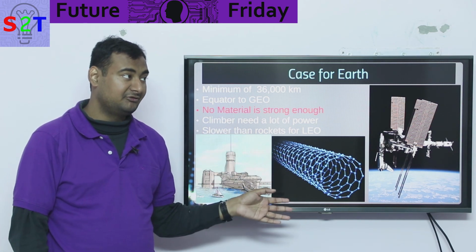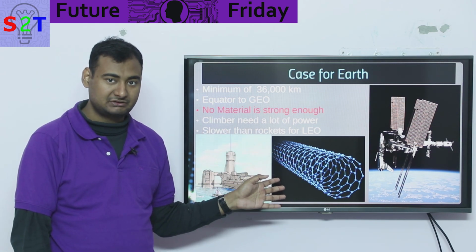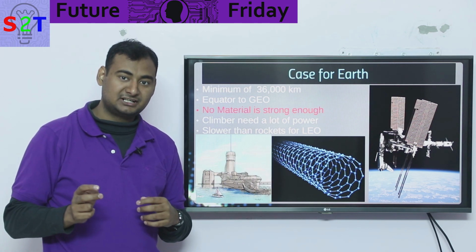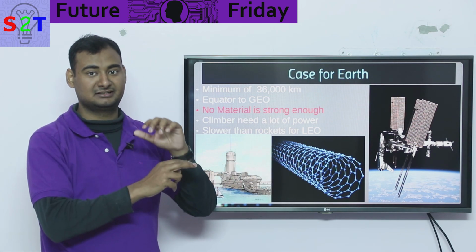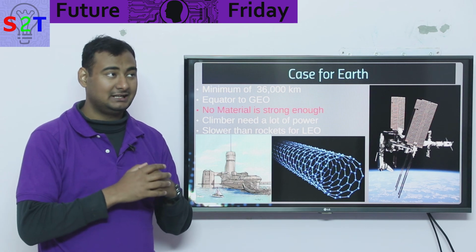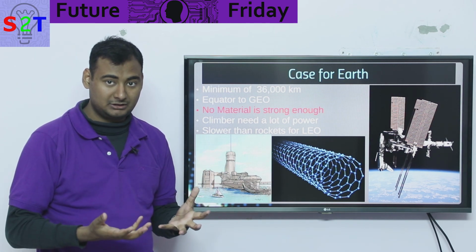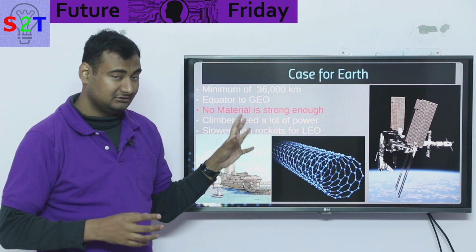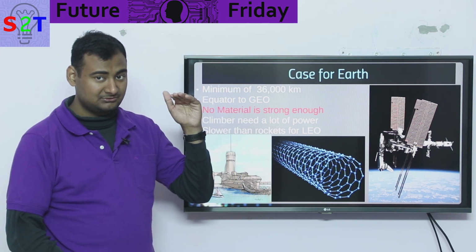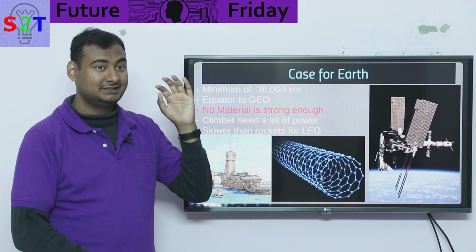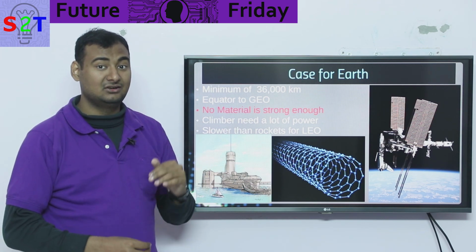Now let's say we figured out something to enhance its strength, or like a tri-carbon nanotube, where you will see one nanotube inside another nanotube inside another nanotube, and let's say you can get the tensile strength even higher. What about that? Now the climber: you are talking about 36,000 kilometers. To climb that distance, you need a lot of power.